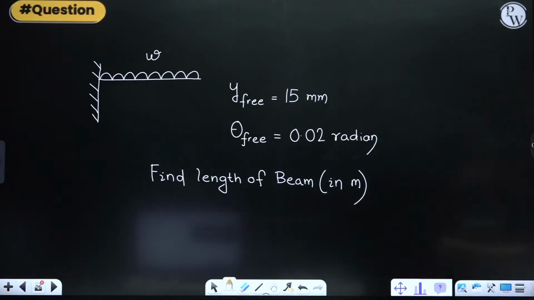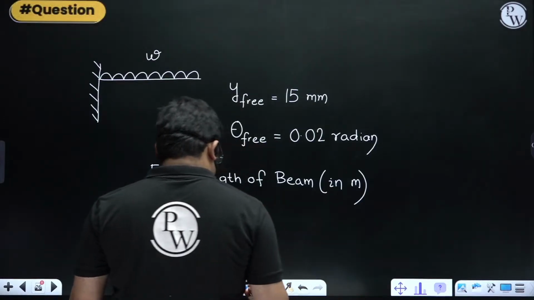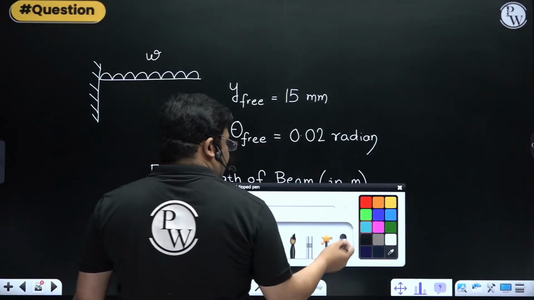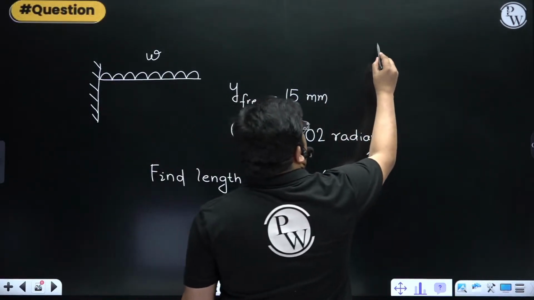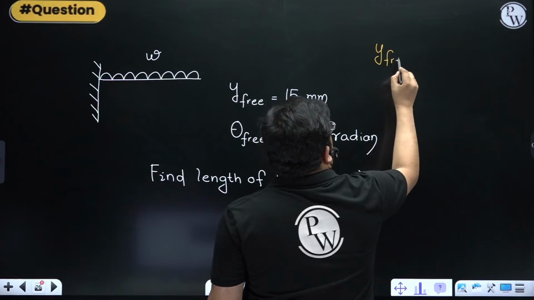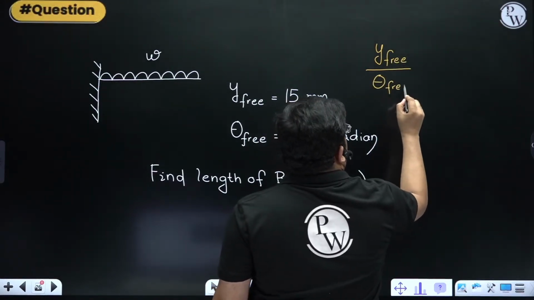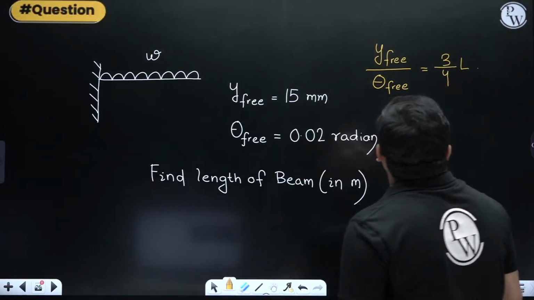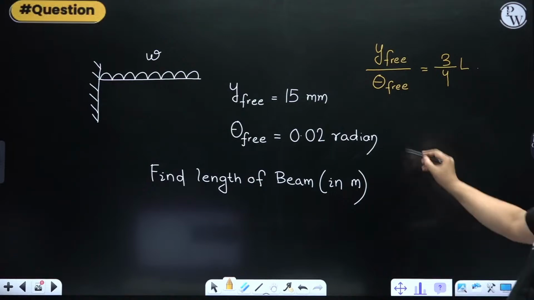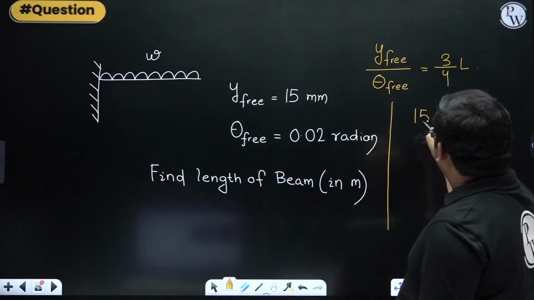Why are you taking so much time? Just now we saw, right? That for this case, y free by theta free is equal to 3 by 4 of L. So from here, this is 15 mm, so I'll put 15 mm.